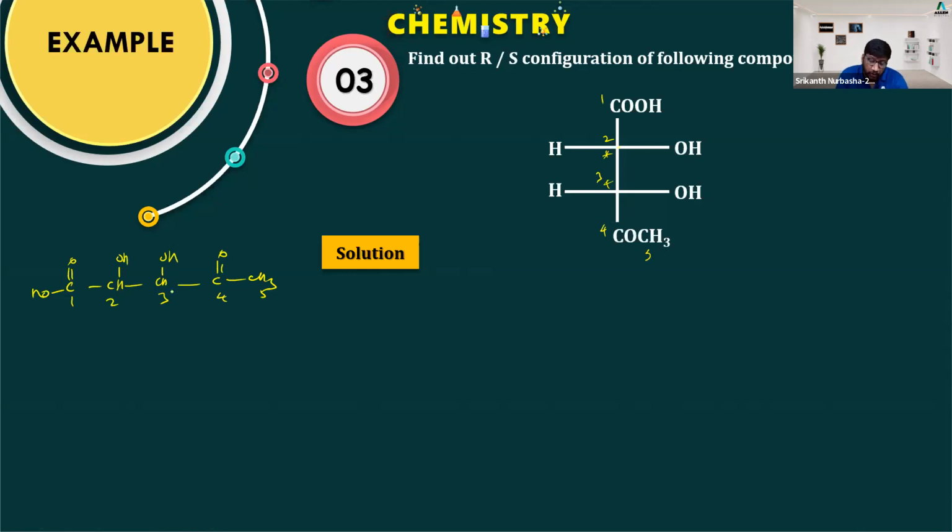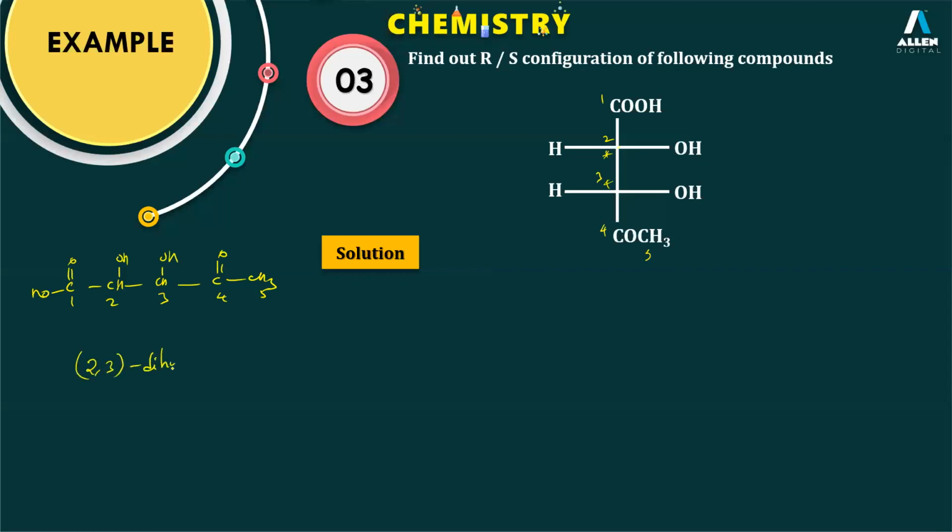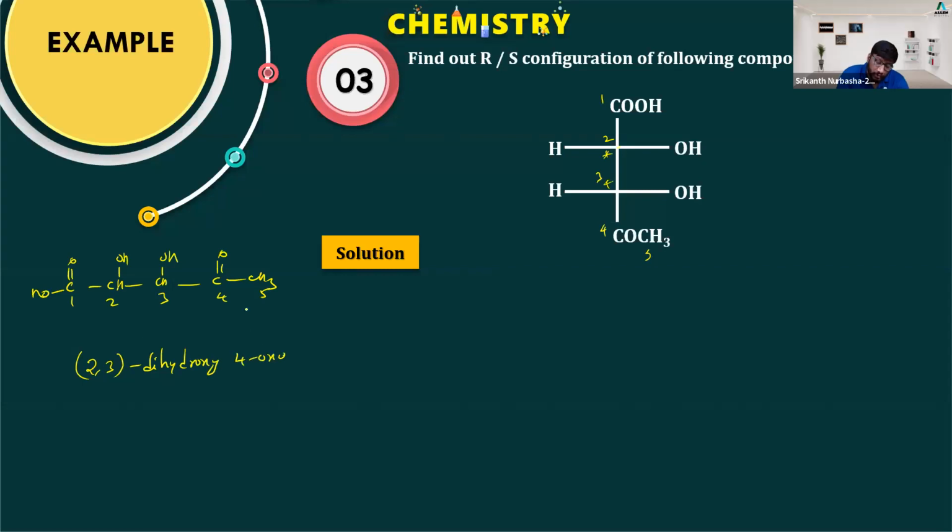Generally, the IUPAC name would be 2,3-dihydroxy-4-oxo, with 5 carbons, so pentanoic acid. This is the IUPAC name without the information regarding the spatial arrangements.